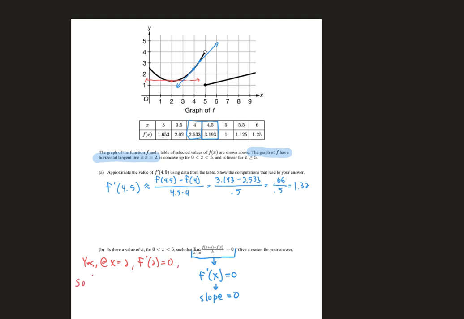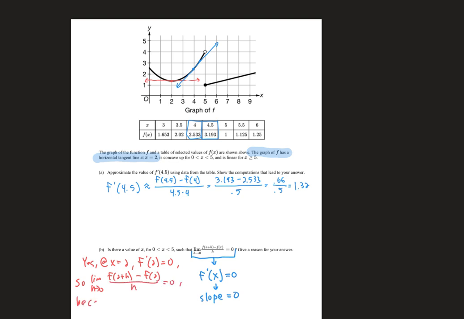So the limit as h approaches 0 of f of 2 plus h minus f of 2, over h, equals 0.